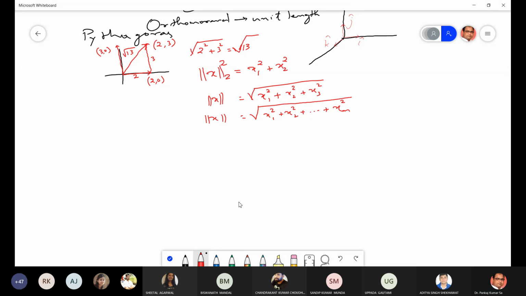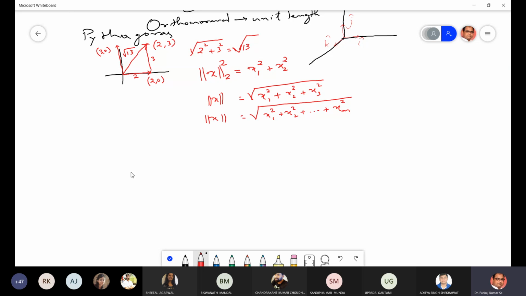So basically x is a vector (2, 3) here in this case, or in the 3 dimension case it is x1, x2, x3. In the n dimension case it is x1, x2 up to xn.